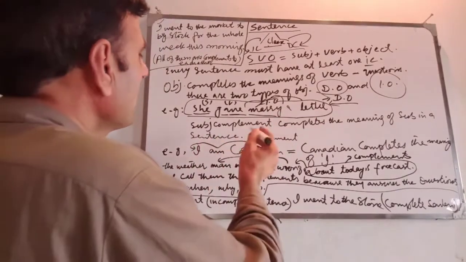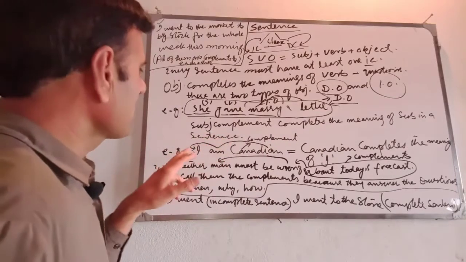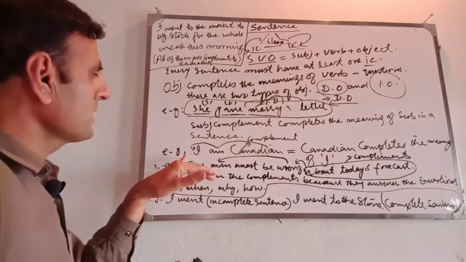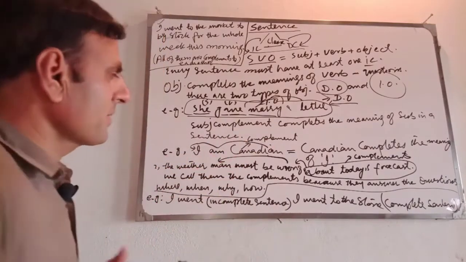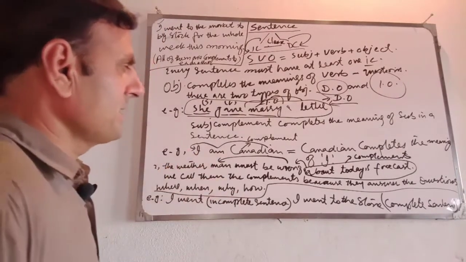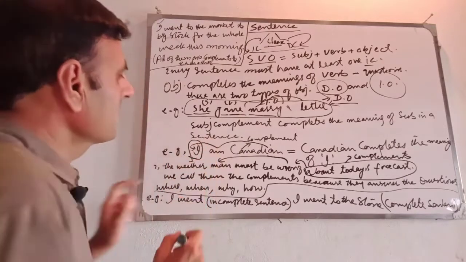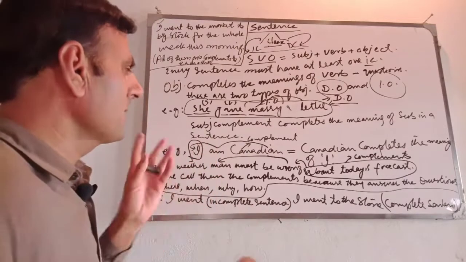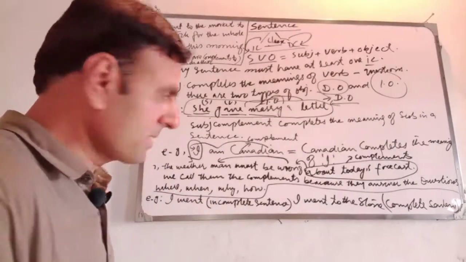See here, for example, we say something about how a complement tells us things about the subject. I'm Canadian. Now, I is the subject, am is something else, like a copula or linking verb, to tell us the status.